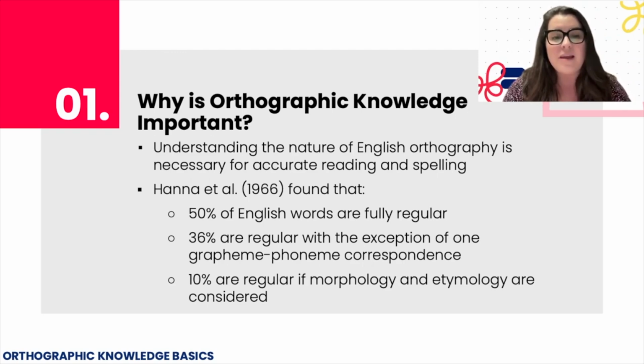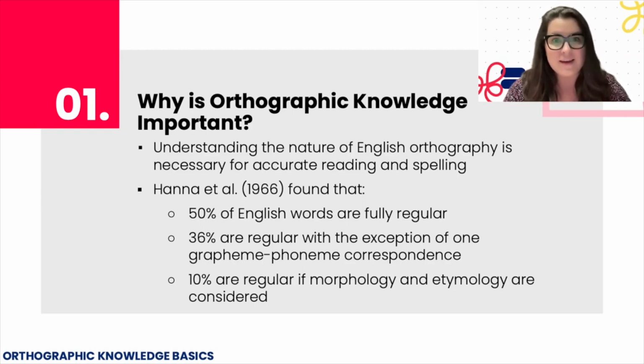Though many believe that English is very irregular, it's actually much more regular than we might believe. Paul Hanna and his colleagues analyzed high-frequency words and found that 50% of English words are fully regular. 36% are regular with the exception of one grapheme-phoneme correspondence. And 10% of words are regular if we consider morphology and etymology.